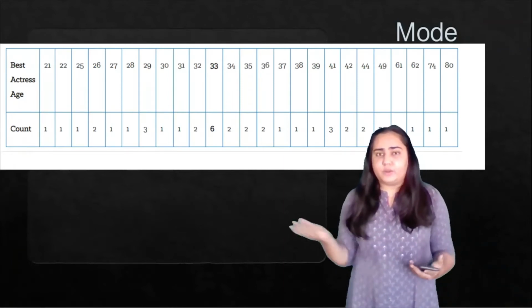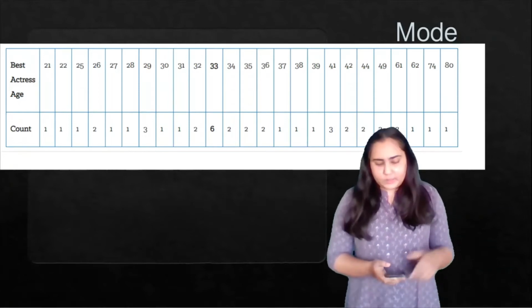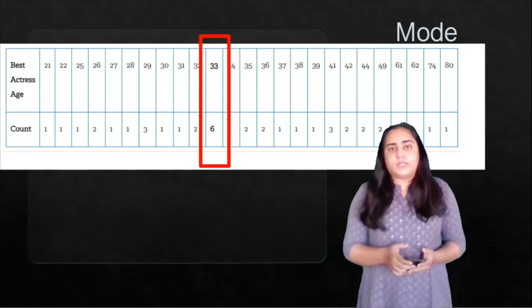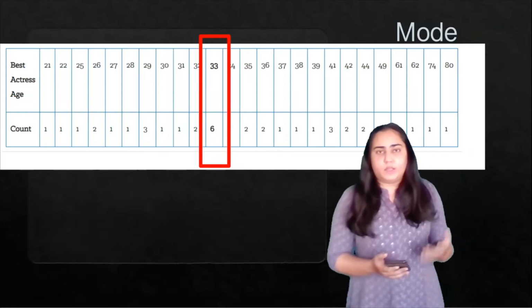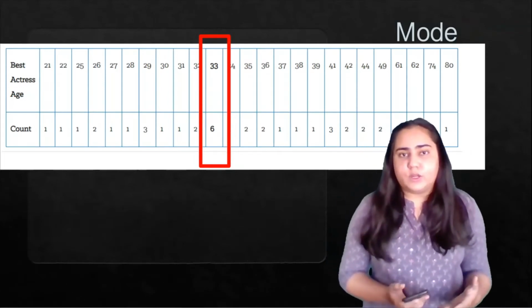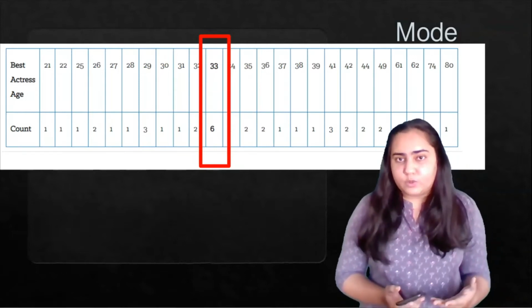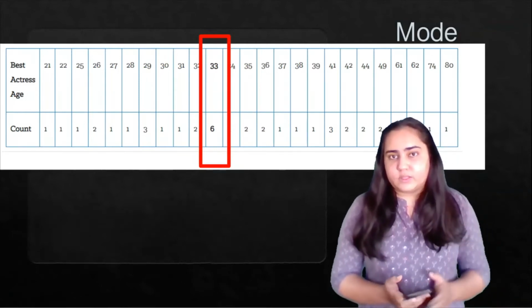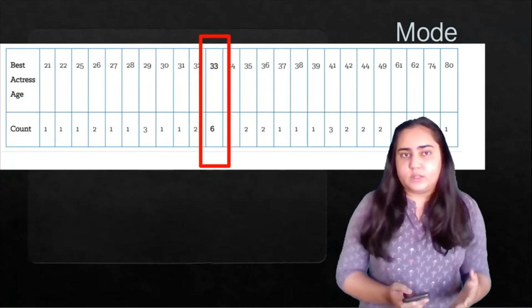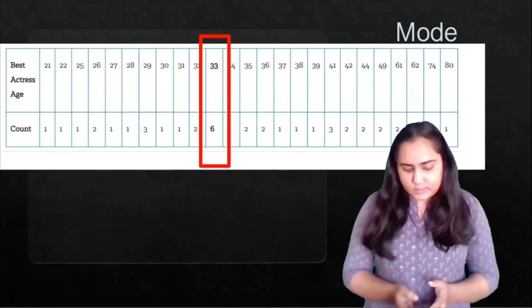And once we have found all these counts, we can show that 6 is the maximum count, and that count belongs to the age of 33. So 33 would be our mode for this data. 33 is the mode for this data set.